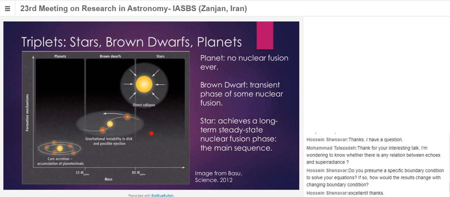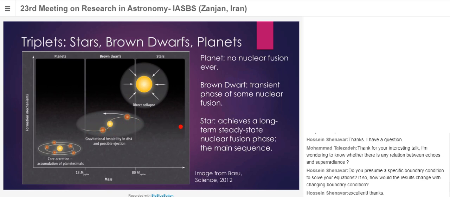But the work I'm showing here is also exploring this mechanism, which is that even if you have direct collapse, you form a disk, and the disk can then have gravitational instability, which can form an object which could be in the stellar mass domain. It could even be in the upper end of the planetary mass domain.